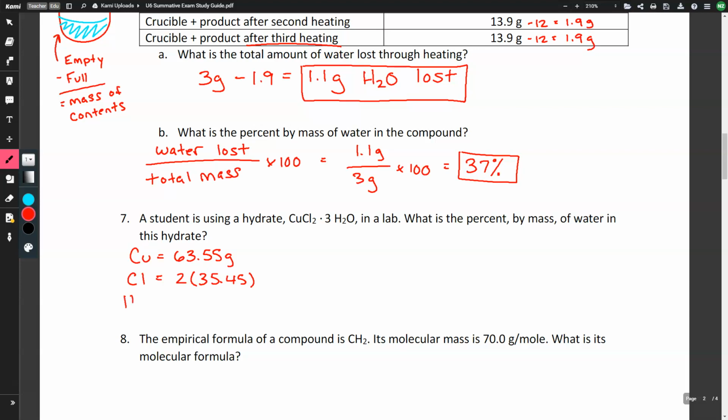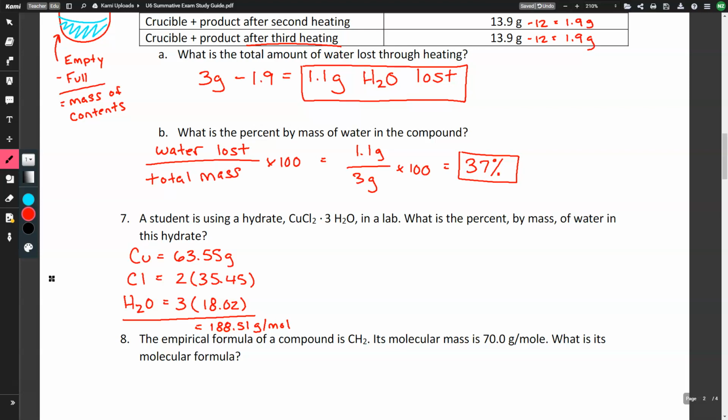And then we have water. Water I've done a bunch of times. Water, there's 3 of them, each one is 18.02. So our total molar mass of the whole hydrate is 188.51 grams per mole. So that's the whole thing.